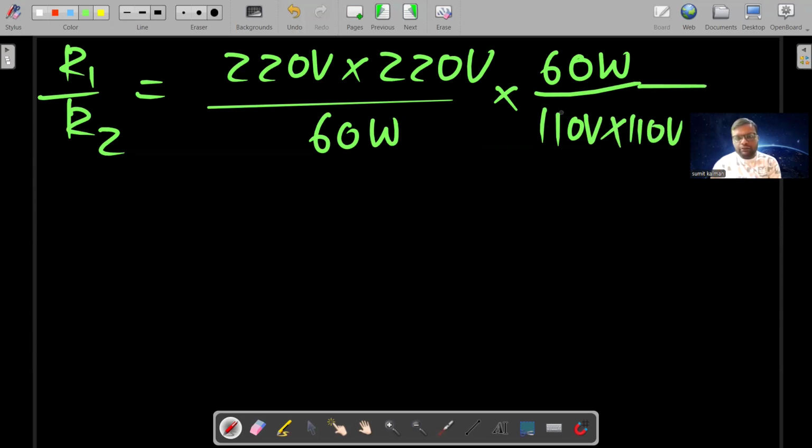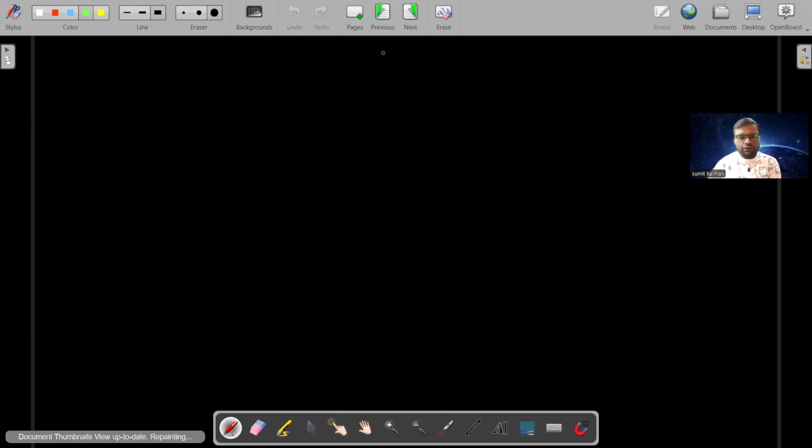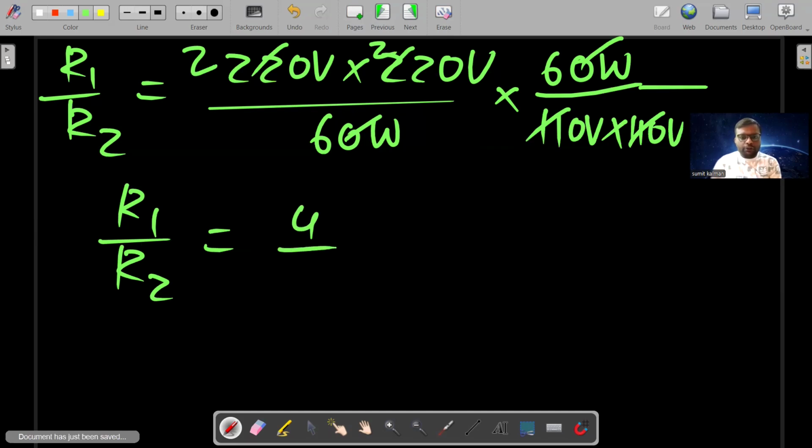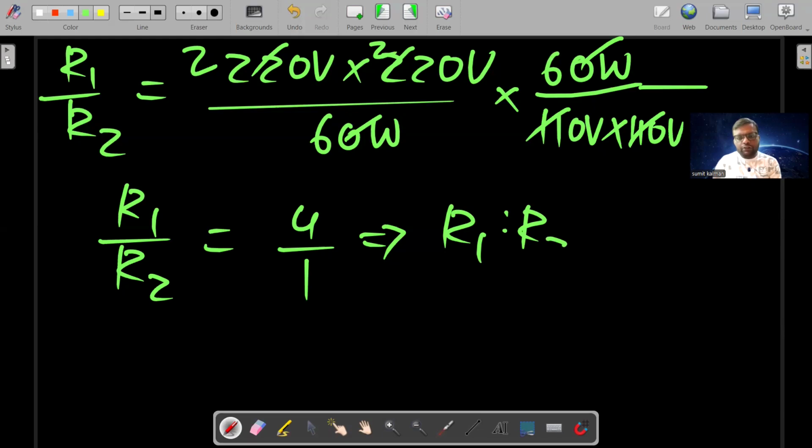So here if you calculate this, it will go by 2, it will also go by 2, and 60 will go by 60. So here you will get R1 upon R2 equal to 4 upon 1. So the ratio of R1 and R2 will be 4 is to 1. So in this way you have to solve it.